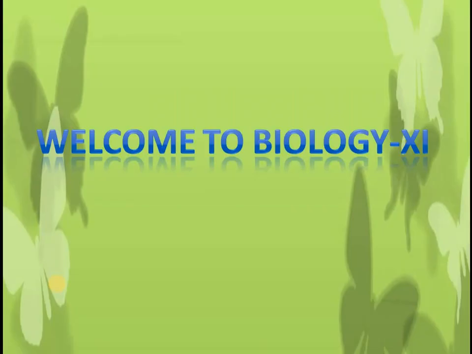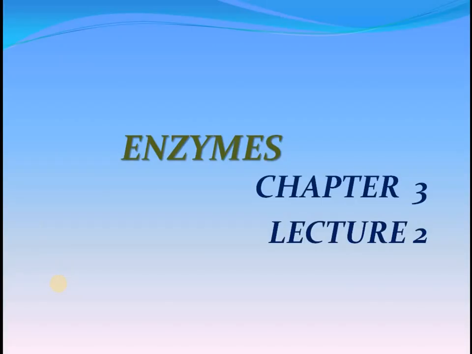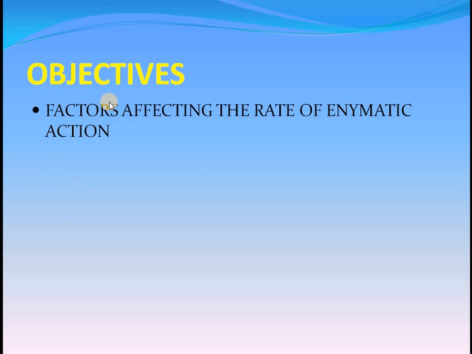Let's talk about today's lecture. We will continue chapter 3. In the last lecture we discussed properties of enzymes, structure of enzymes, models of enzymes, and activation energy. Today we will discuss factors affecting the rate of enzymatic action.